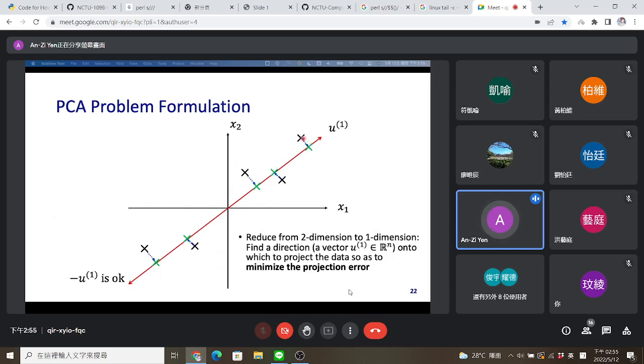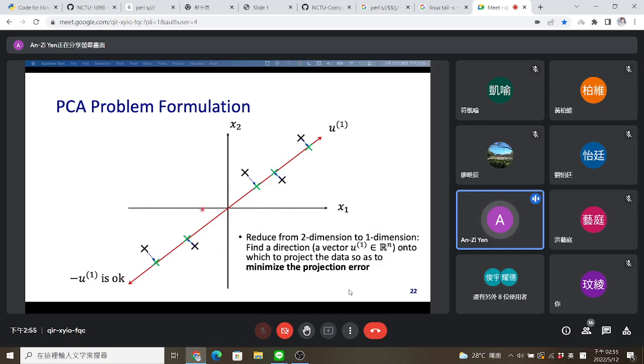You may ask whether minus u1 is okay. The answer is that it doesn't matter. You can find the vector minus u1, and it is fine.